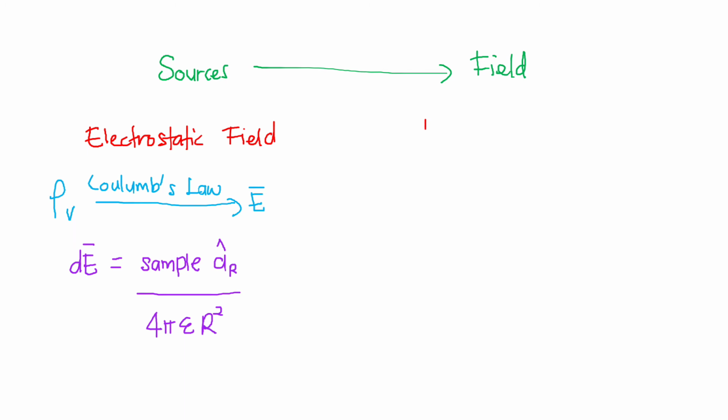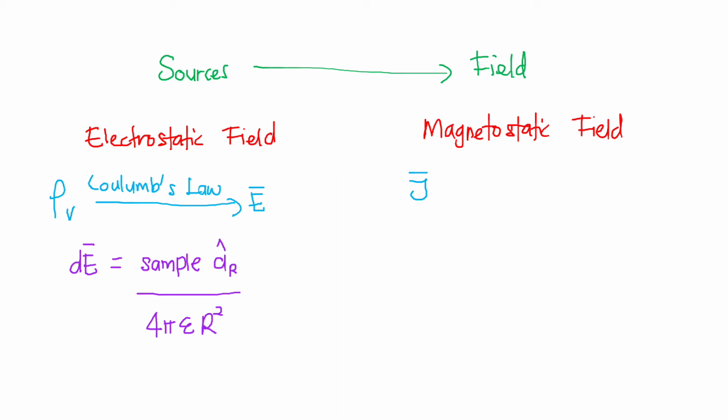Now in magnetostatic field, we have J as our source. Why J?